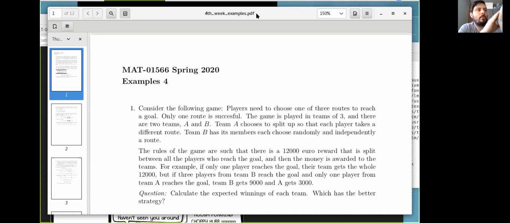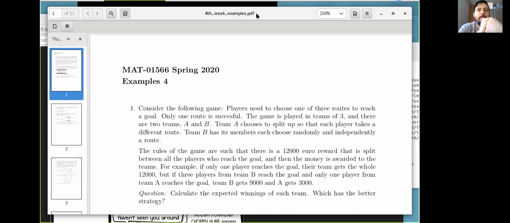Remember, for each player, it's a Bernoulli choice: choose either the successful route or not. A successful route is chosen with probability 1/3. And a repeated Bernoulli experiment results in a binomial distribution. So we have a binomial distribution with n equals 3 and p equals 1/3.